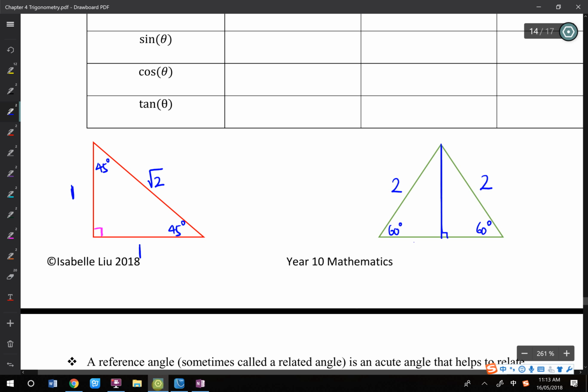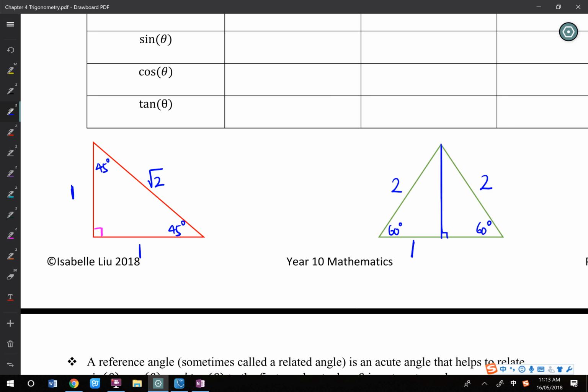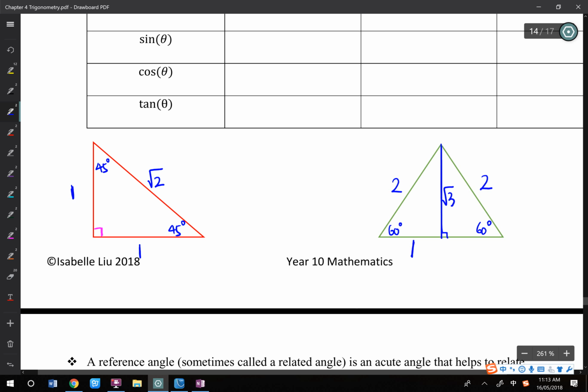What's the height? How do we calculate that? Pythagoras: 2 squared minus 1 squared, which is 3, and we take the square root. That's root 3.